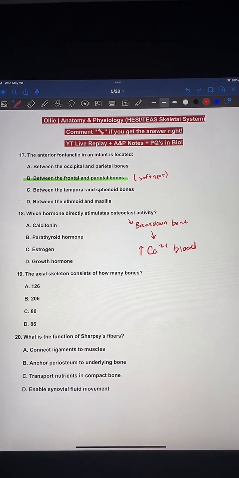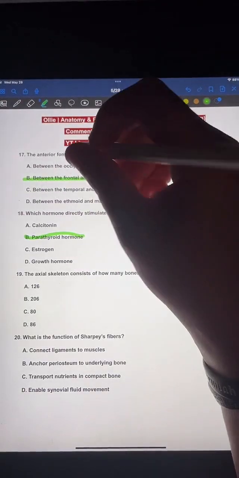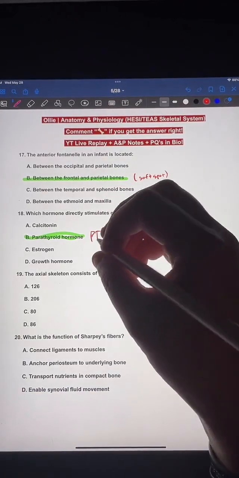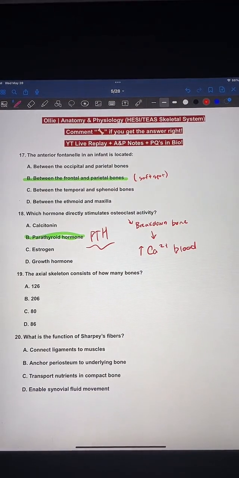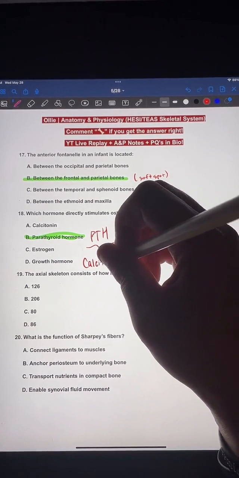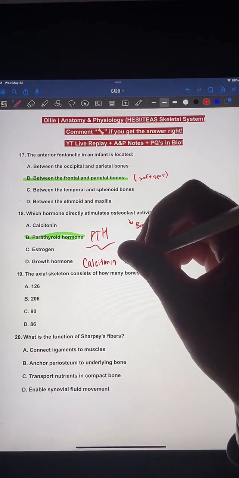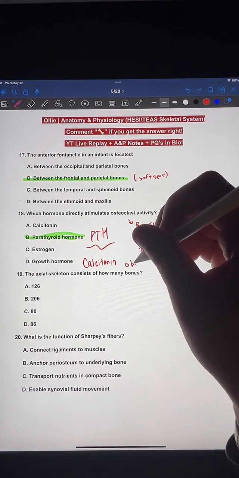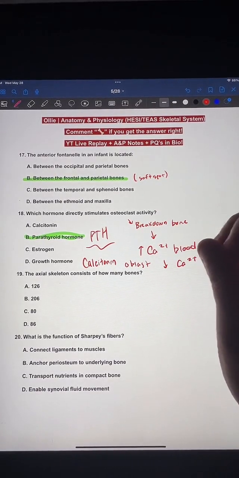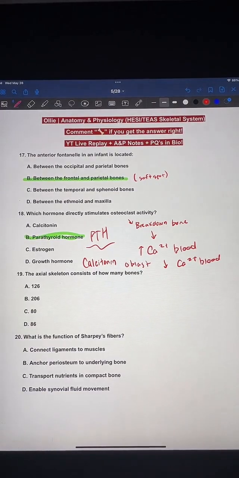Fantastic. It is B. It is parathyroid hormone, or PTH. This is going to increase our blood calcium by stimulating our osteoclasts. The other one that works oppositely is calcitonin. Essentially, what this does is stimulate osteoblast activity, and that decreases calcium in the blood. All right.